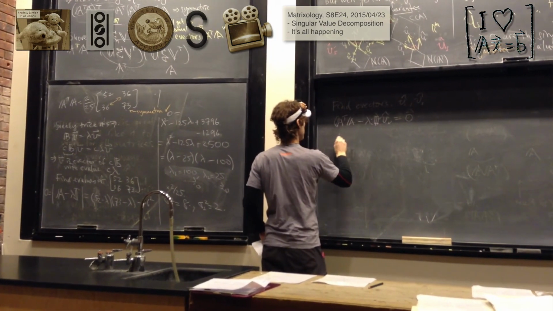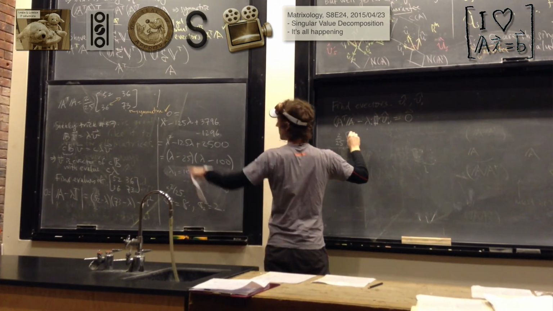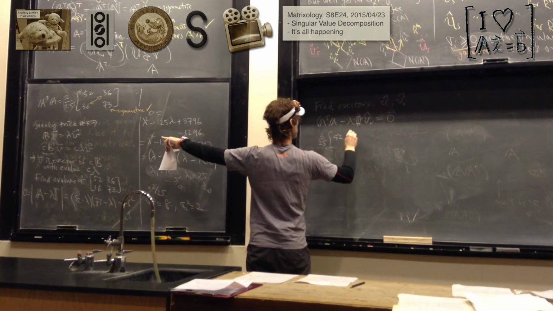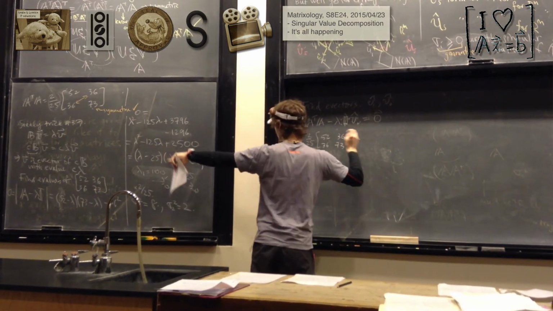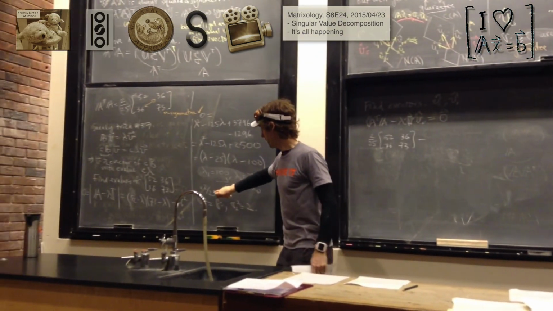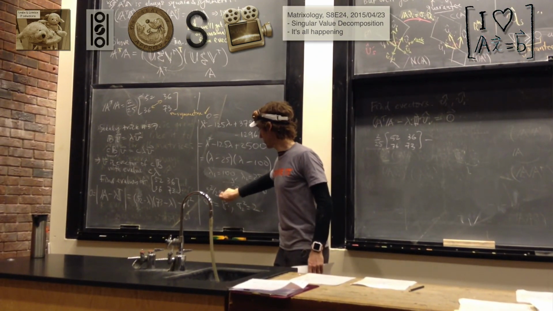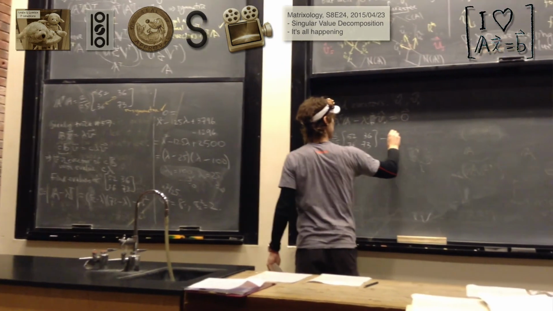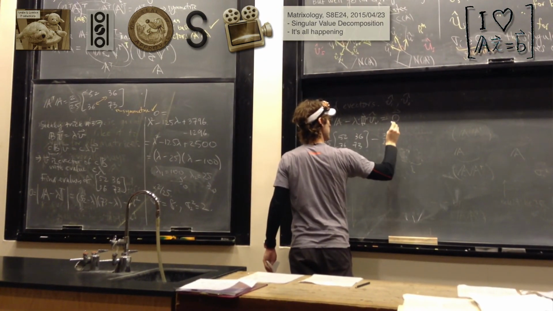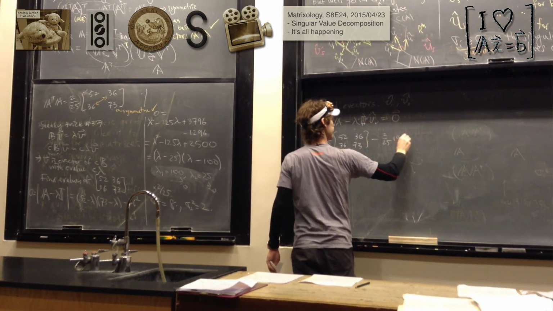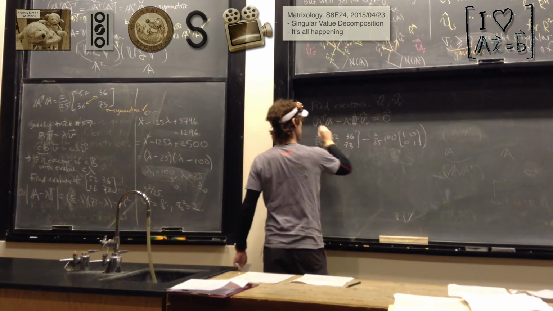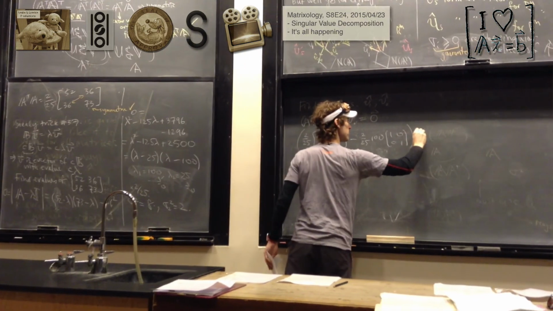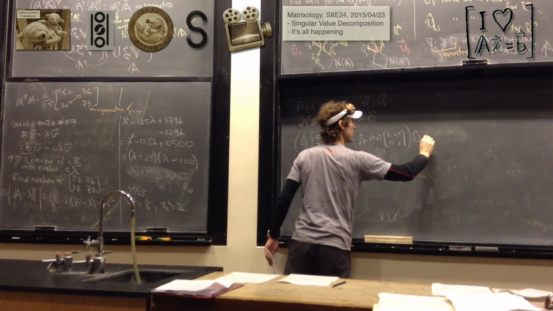So there's going to be 2 over 25, 52, 36, 36, and then it'll be minus the first one. So the first one is 2 over 25 times 100, times the identity, 1, 0, 0, 1. All of this times v1.